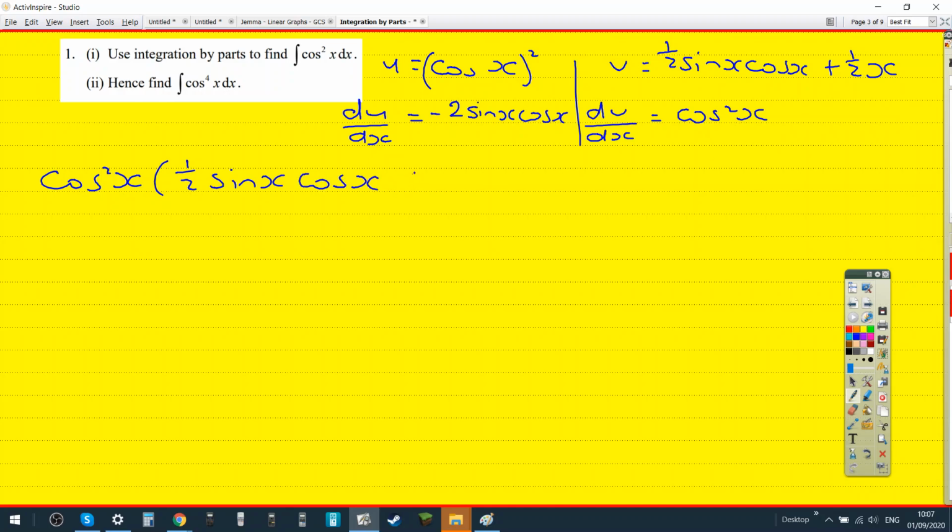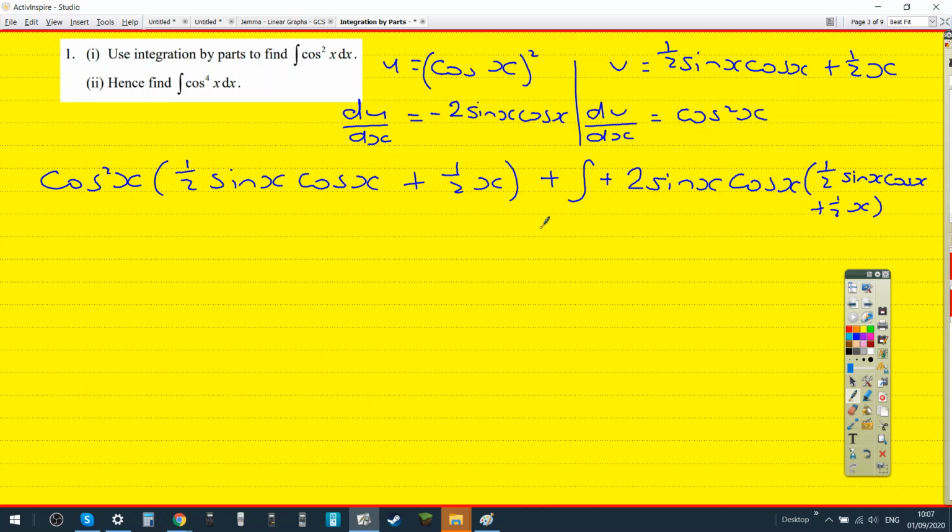Minus the integral of minus 2 sine x cos x and half sine x cos x plus half x, times this one. But you can take the minus out and just make it plus.